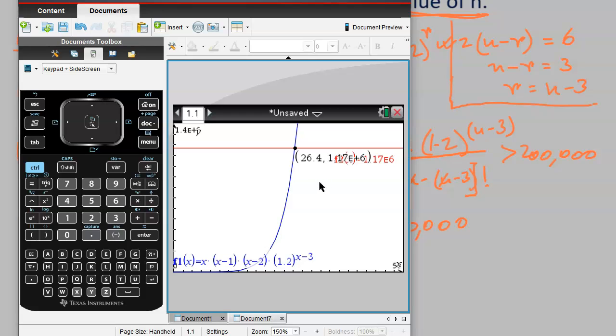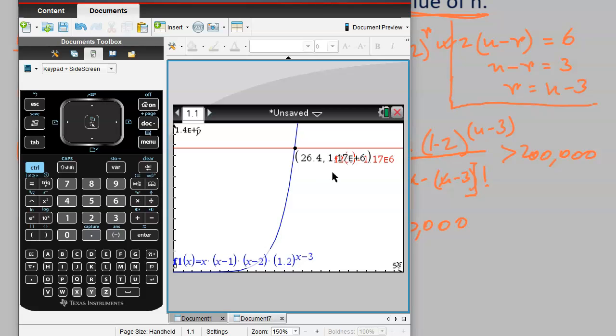It will be more than 26.4 obviously, because when you go towards the right side, you are seeing that the graph is above this red colored line. This blue curve is above this red colored straight line. So the value of n should be greater than 26.4.